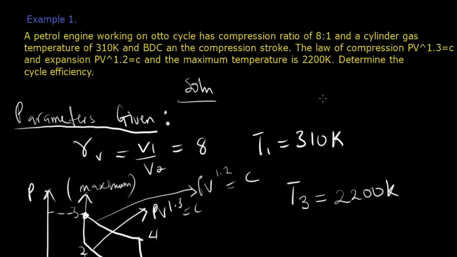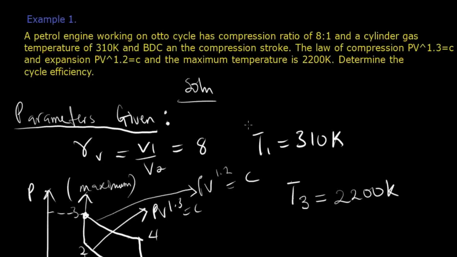So let's take another example to pinpoint and note the general facts for using the general formula 1 minus 1 over RV n minus 1, because we do not use it here. Why?